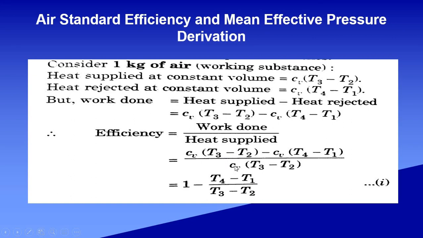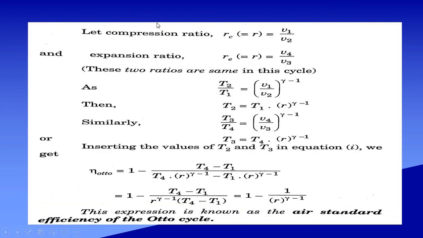So you can take Cv out in both numerator and denominator and cancel it. That will be T4 minus T1 divided by T3 minus T2. So these two will be 1 minus (T4 minus T1) by (T3 minus T2).